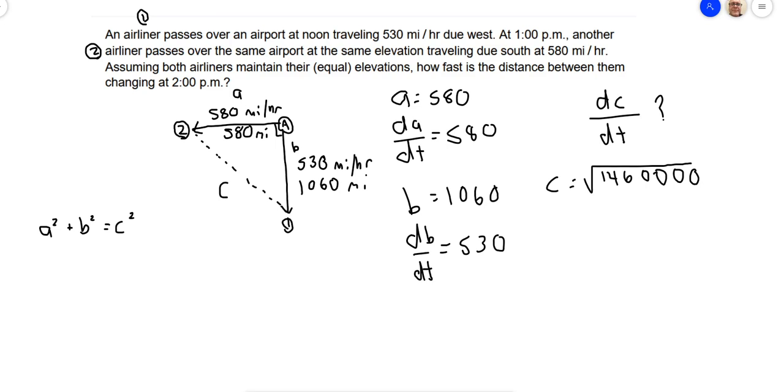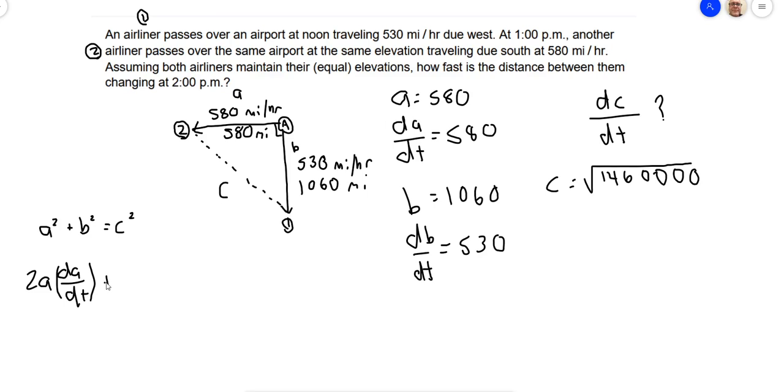All right, so once again, using implicit differentiation, if I take the derivative of this equation with respect to time, I'm going to get all of that stuff in there. So let's do that right now. The derivative of a squared with respect to time, that's just going to be, using the power rule, 2a. But since we just took this derivative of something other than time, I also have to multiply that by dA over dt.